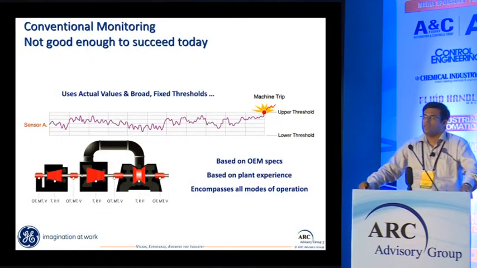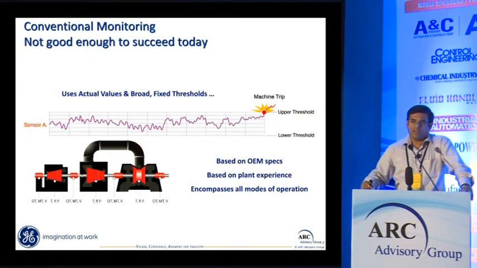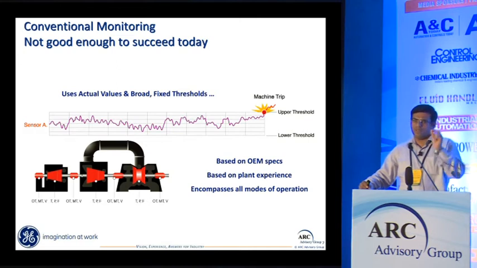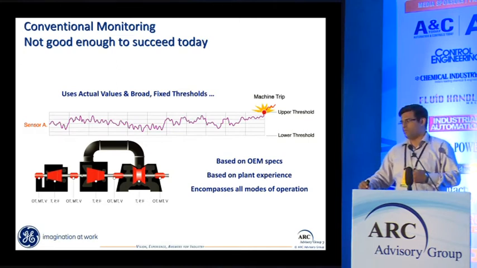Although I have mentioned conventional monitoring, I'm proud to say we are living in an age where we are still calling this conventional monitoring. The best of automation systems, the best of DCSs, whatever we have, work on the principle of whatever you have defined from the standpoint of an OEM.